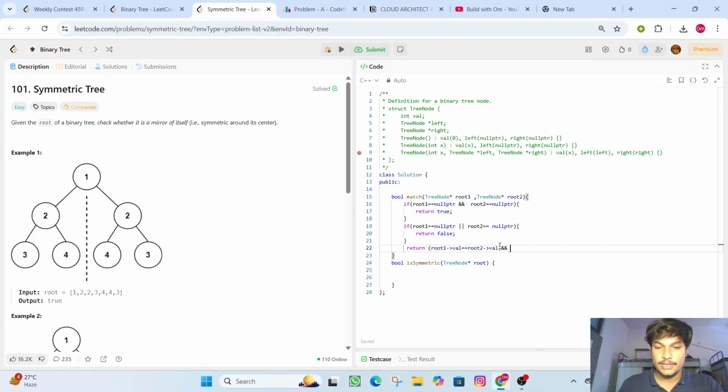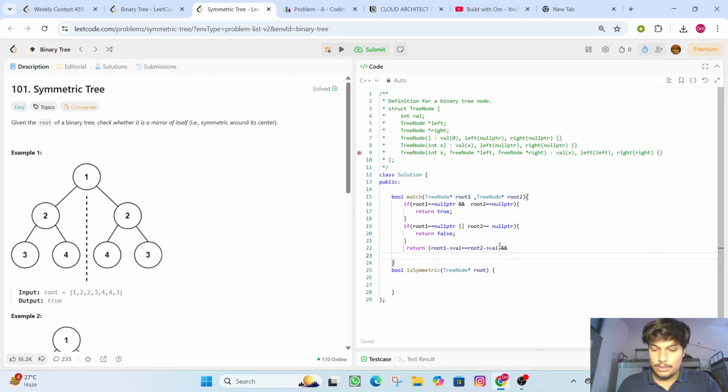After applying the AND condition, we match root1 left and root2 right.